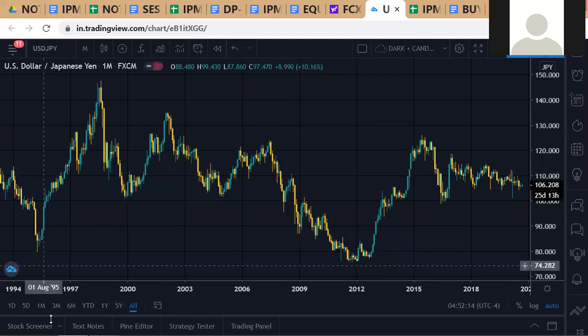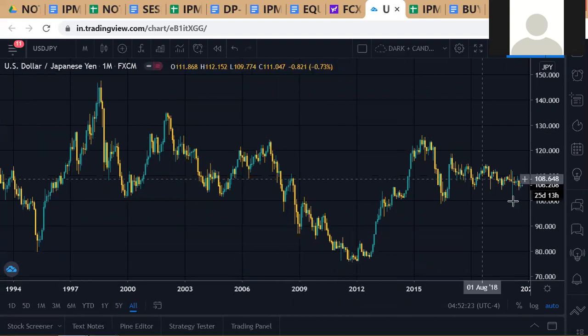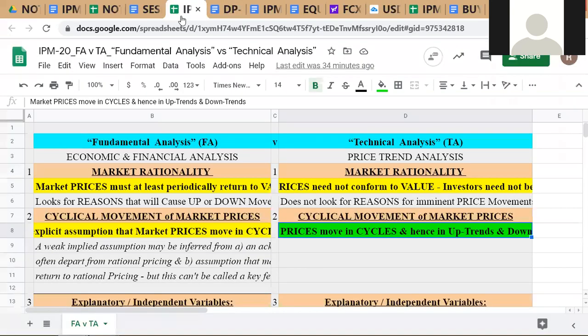This is US dollar, Japanese yen. If you see the long-term charts, you'll see some long-term trends. Once again, low, high, etc. So this is basically the assumption: in TA, we assume that market prices move in cycles, and hence in uptrends and downtrends.